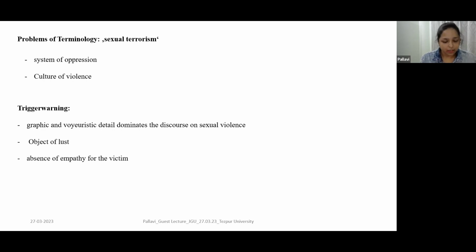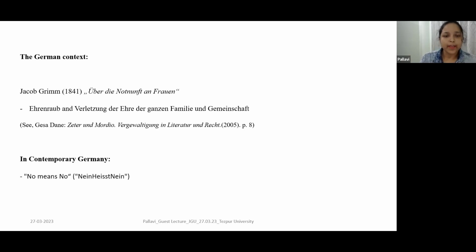So in that sense, now I will shift my focus to the German context, from where this word comes into play. I have chosen here a 1941 text by Jakob Grimm. The name of the text is Über die Not an Frauen, and there he is talking about sexual violence and rape against women as something harming the honor of the person, the honor of women.